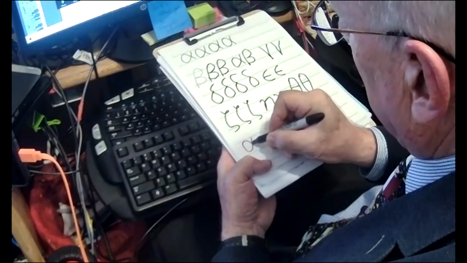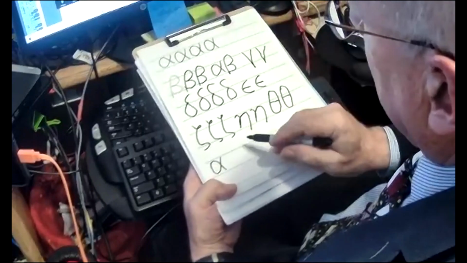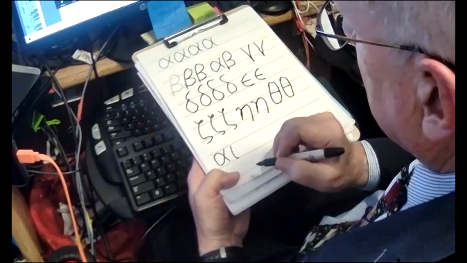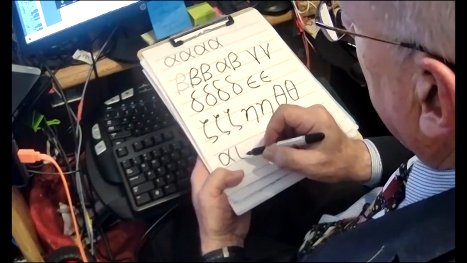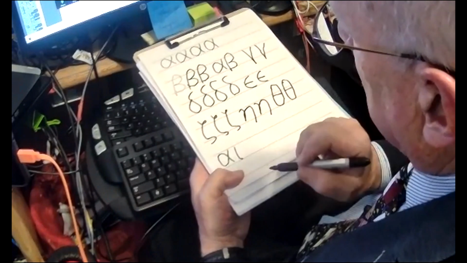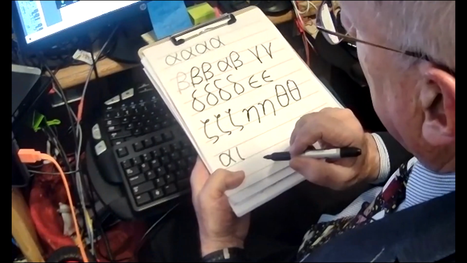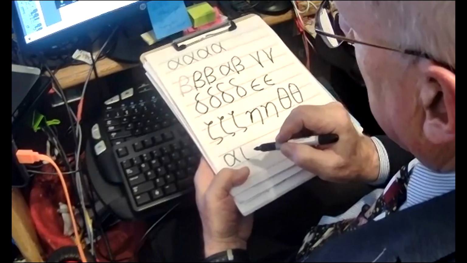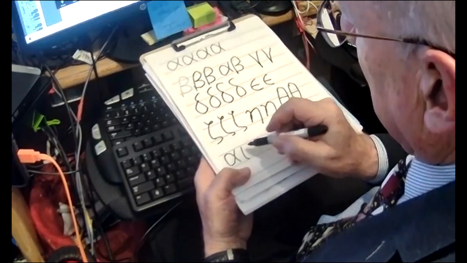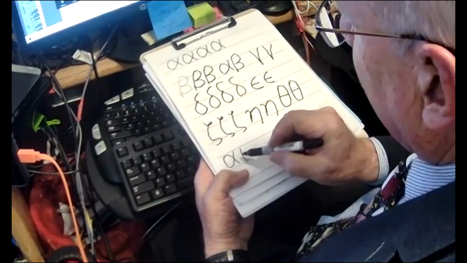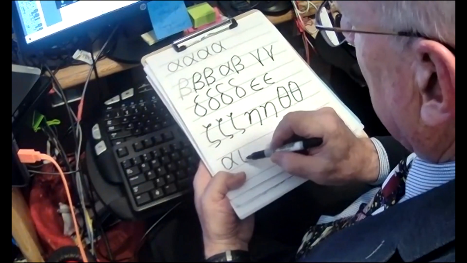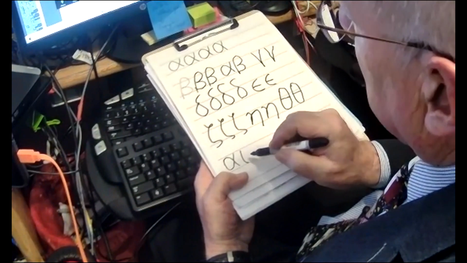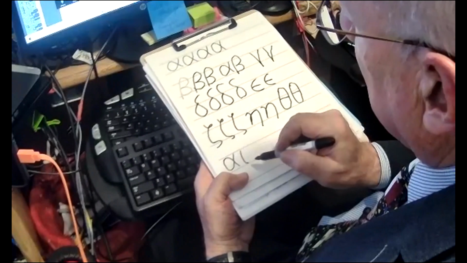I'll put alpha here again from the top of the page, and then I'll write iota, which is another vowel. But we don't pronounce it I, and we don't put a dot on top. It's I, the I sound. Sometimes it will sound more like E, depending on the word. So iota, it sounds already like E, doesn't it? Iota, but sometimes it has more of an I sound.